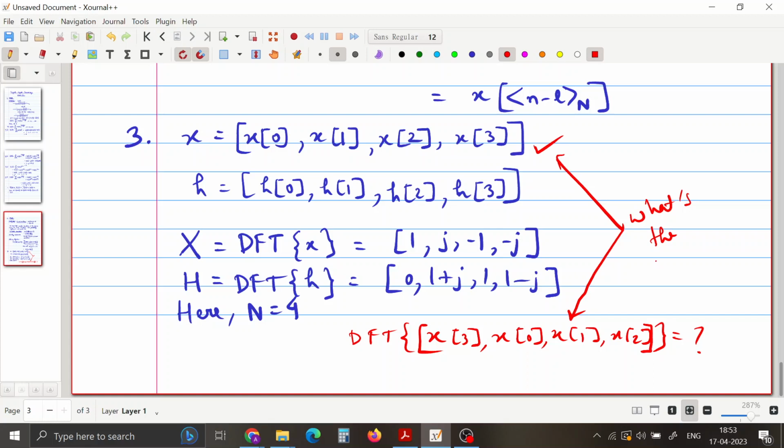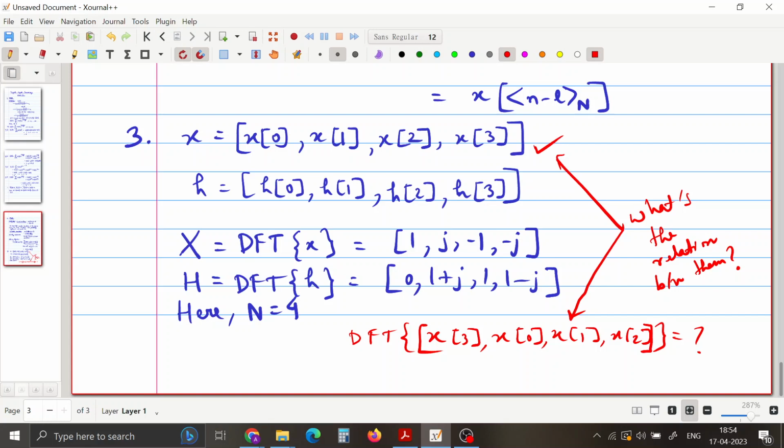Okay, so if you observe carefully, the second sequence, which is shown in red, x of 3, x of 0, x of 1, x of 2, is nothing but a right cyclic shift of the first one.